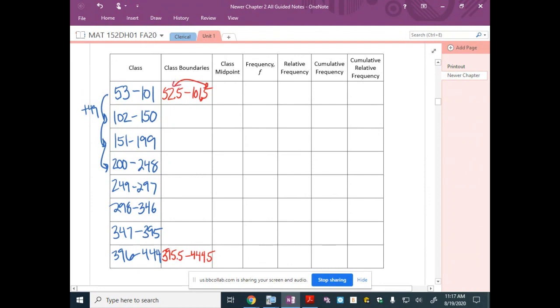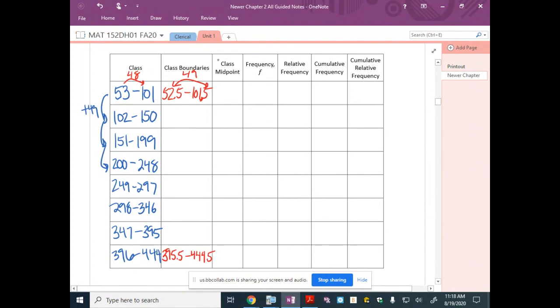How far apart are these two? 49. How far apart are these two? Are they 49 apart? No, these are 48 apart. Remember, class width is from one class to the next. That's where it comes from.